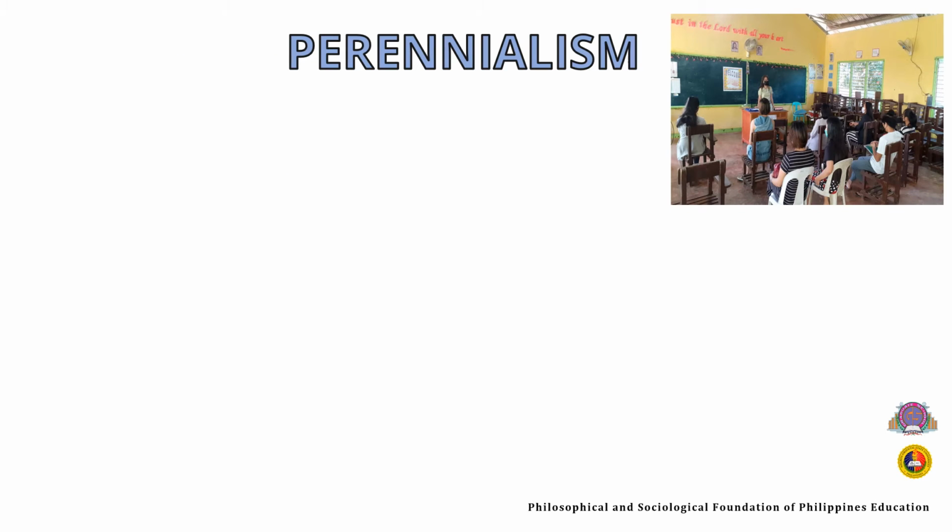The second philosophy of education is Perennialism. Perennialism was developed by Robert Hutchins and Mortimer Adler.